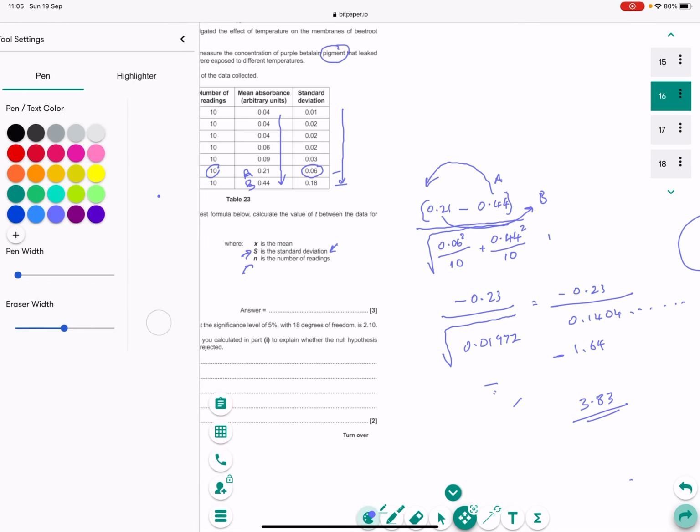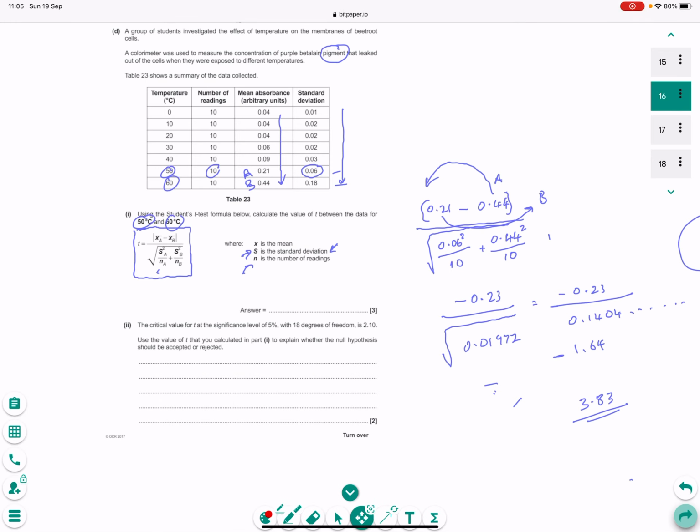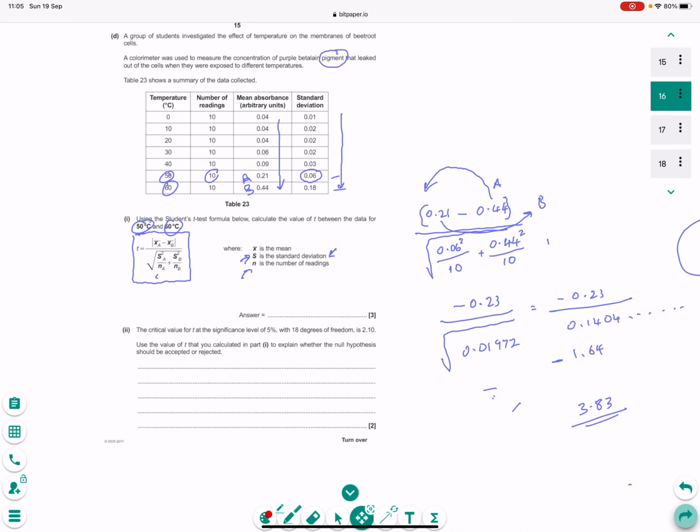Okay, so in this case, that's B, that's A. I need to go and have a look at that again. However, that's the right answer.